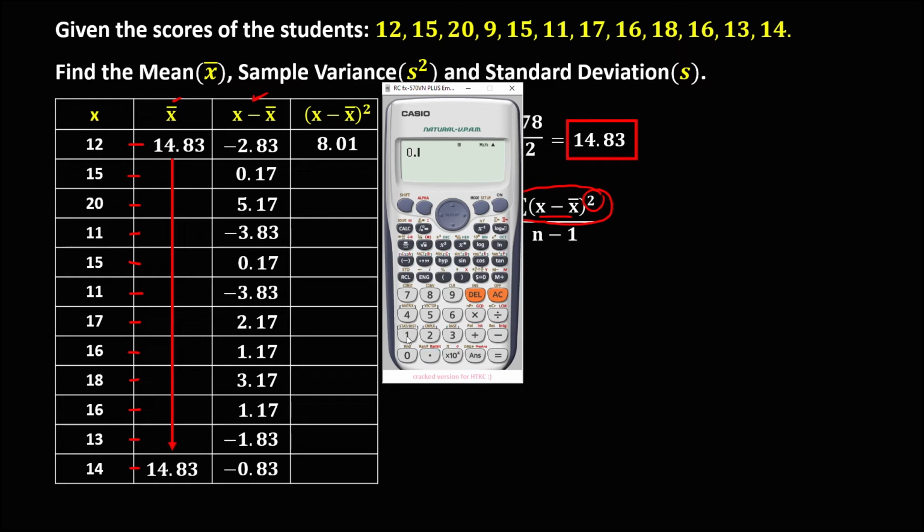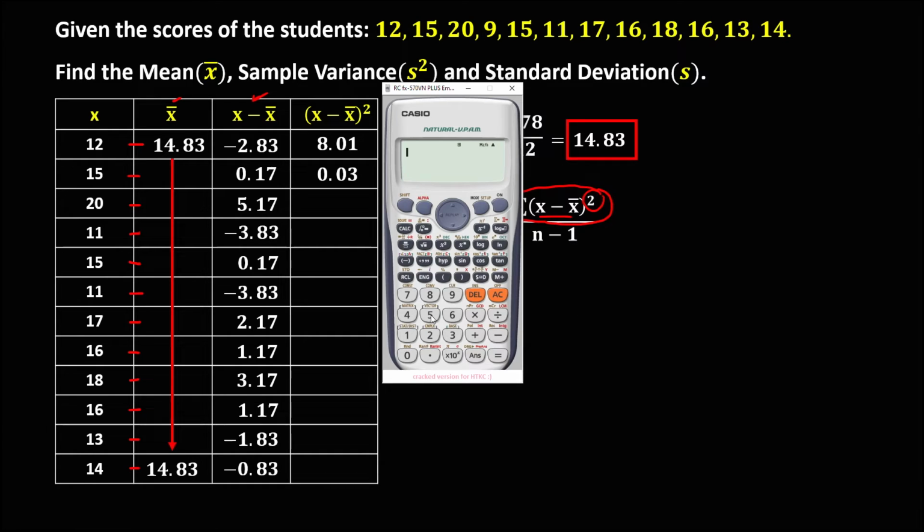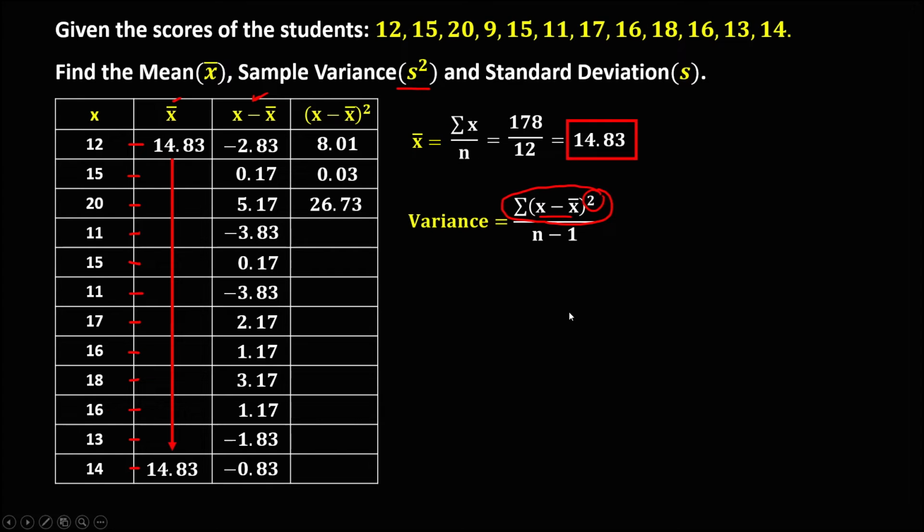Then for 0.17 to the power 2, that's 0.03. Then 5.17 to the power 2 is 26.73.